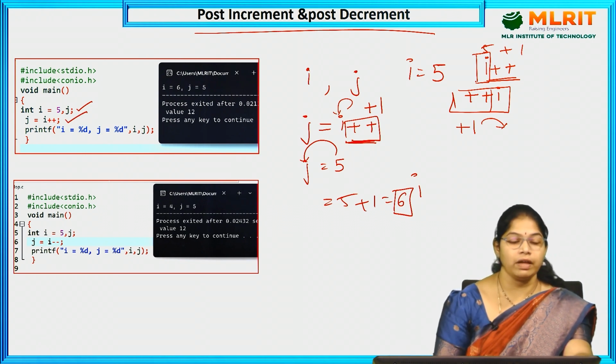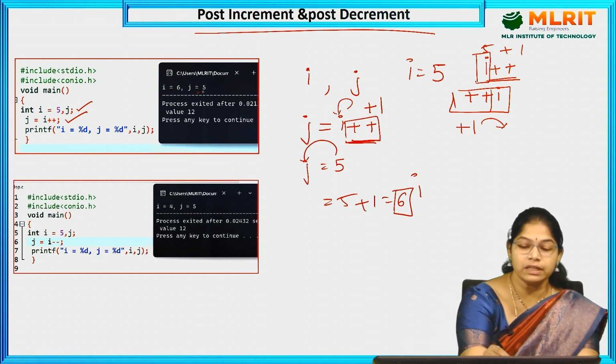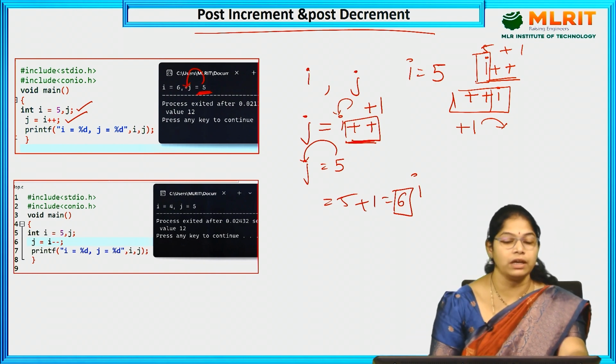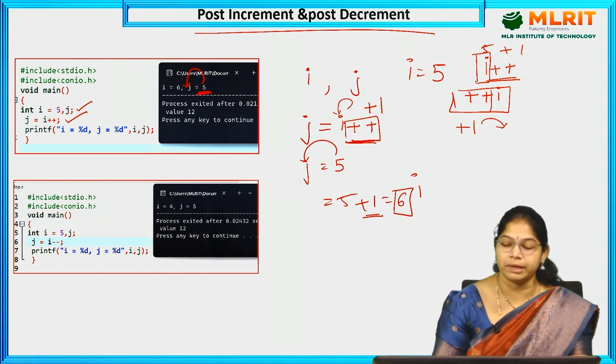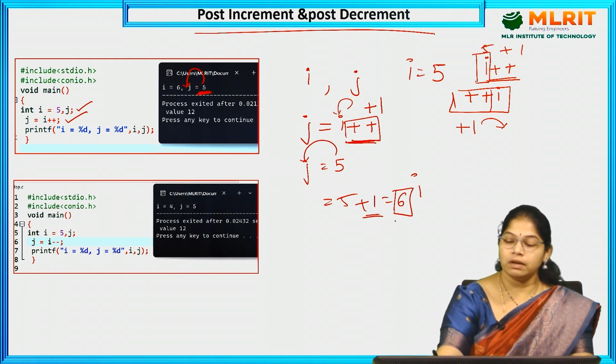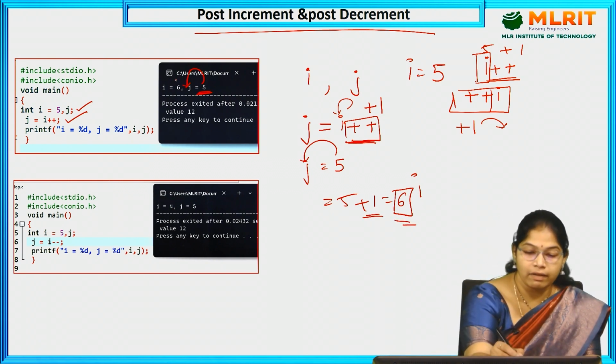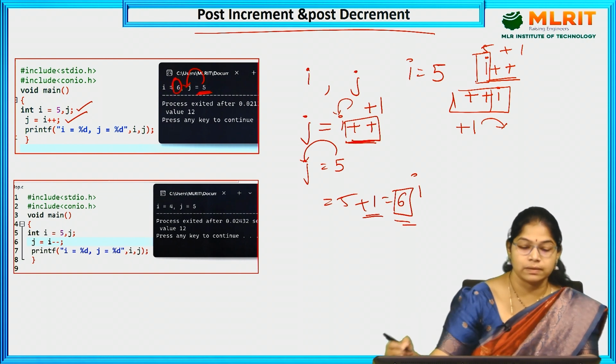That means I value is assigned to the variable j. So here we got output j equal to 5. Then after assigning, increment has to happen. So 5 plus 1, now it is 6. That I value is 6.